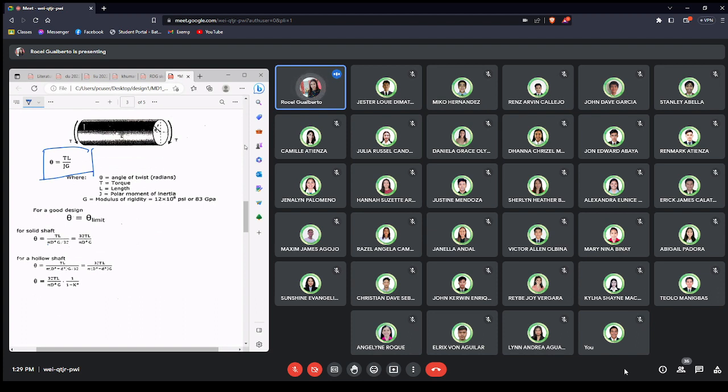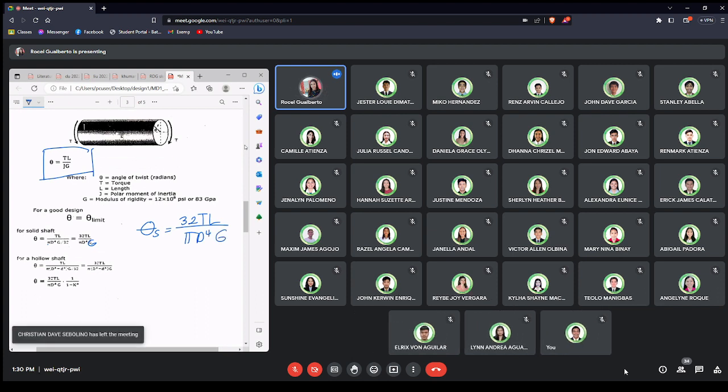At we come up with 32 TL over pi D to the fourth G. G being your modulus of rigidity. So, kung siya ay hollow, ano po magiging equation? It would be theta of solid times the hollow factor, 1 over 1 minus K to the fourth.